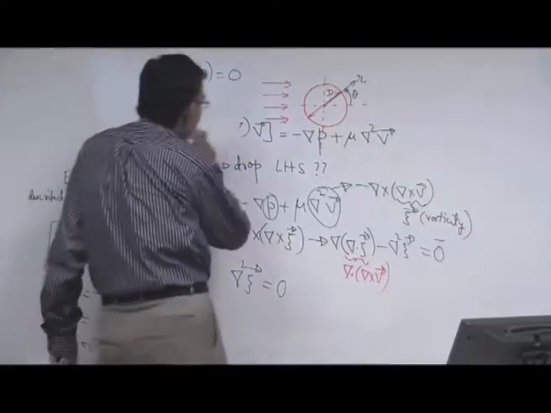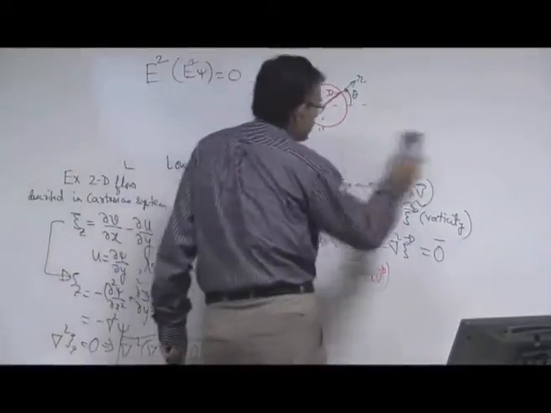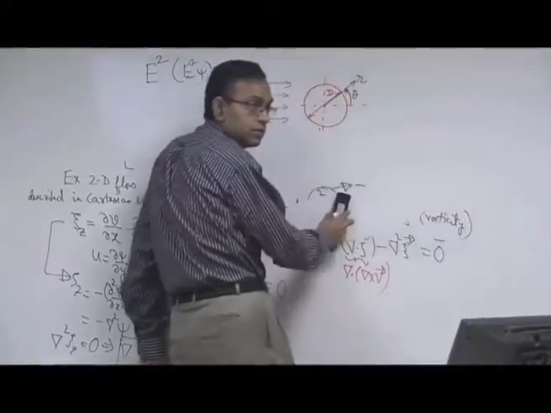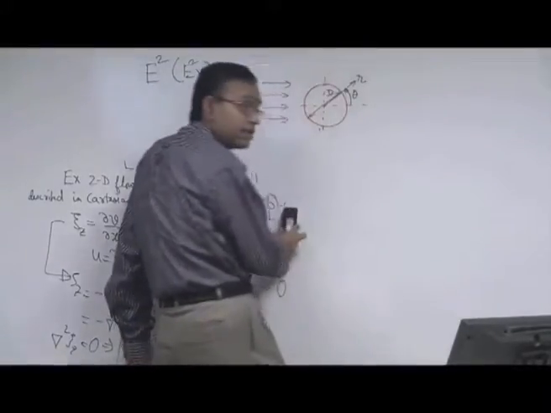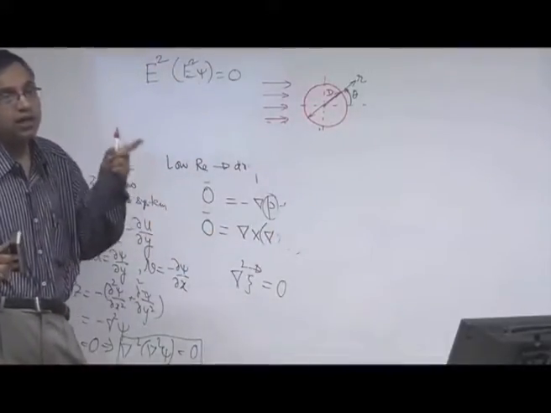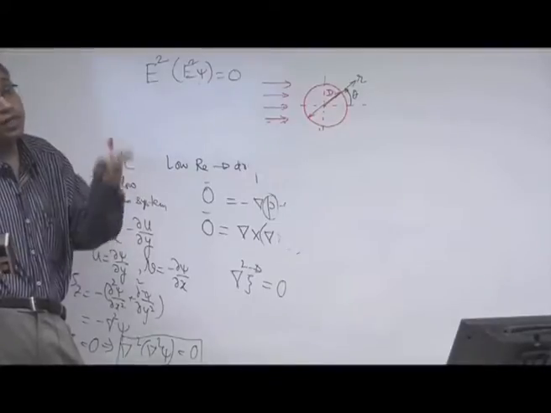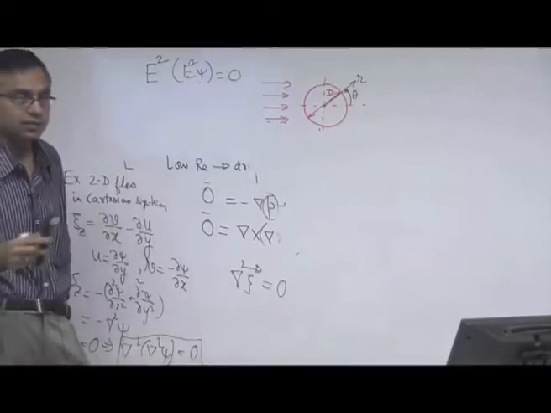With this background, the definition of stream function will be different. Why does it have to be different? Because that has to satisfy the version of the continuity equation for incompressible flow in the r theta coordinate system, not the Cartesian system.